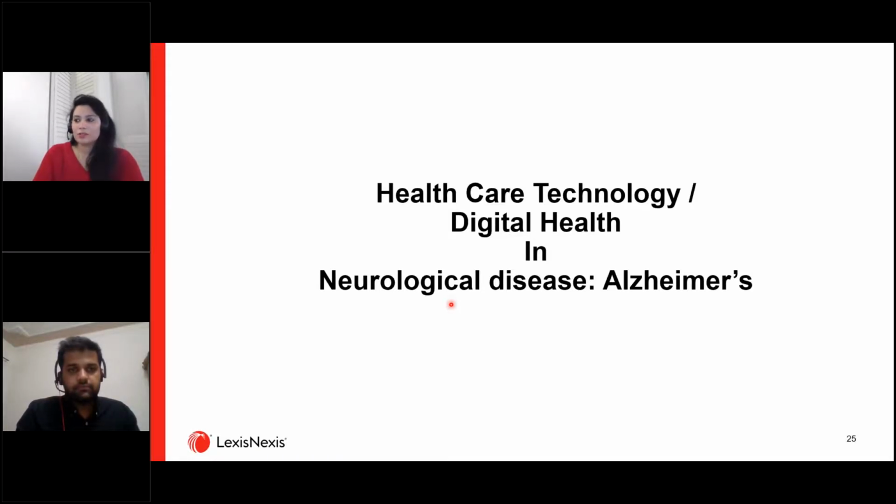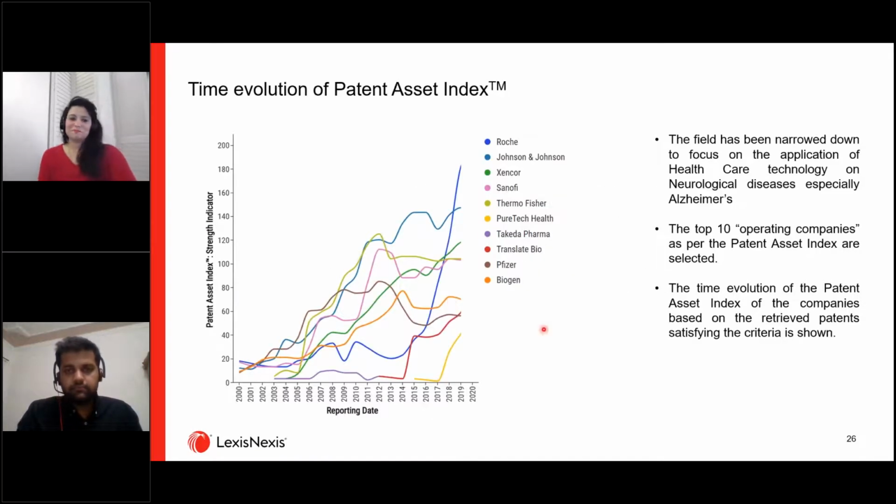And I focused on Alzheimer's because we all know that we are yet to find a success. So the strategy was to narrow down the healthcare technology field into the specific application area of neurological diseases, and then to Alzheimer's.